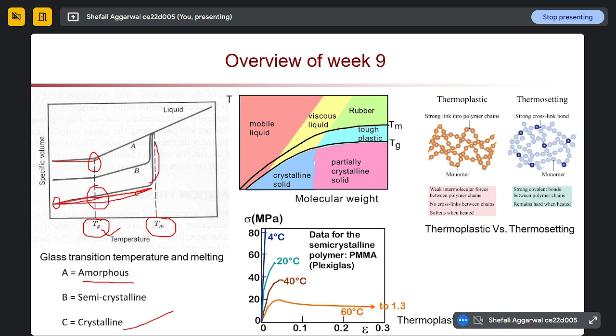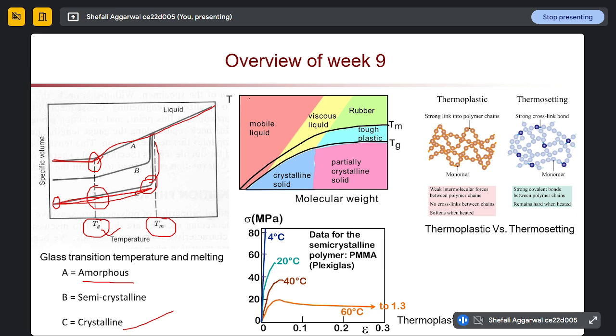A solid will directly change into liquid in terms of crystalline material. However, in amorphous material, you will have this glass transition temperature where your solid or elastic material will first change into viscoelastic material and then convert into the liquid formation. And this can be seen from this graph also, how different types of materials will have different types of properties depending on the molecular weight.